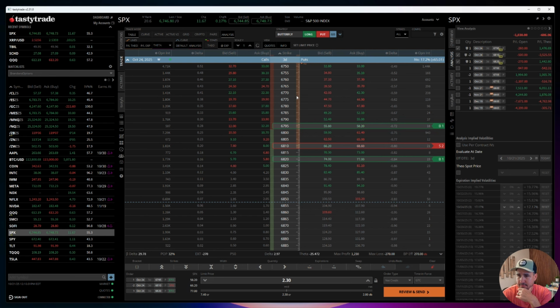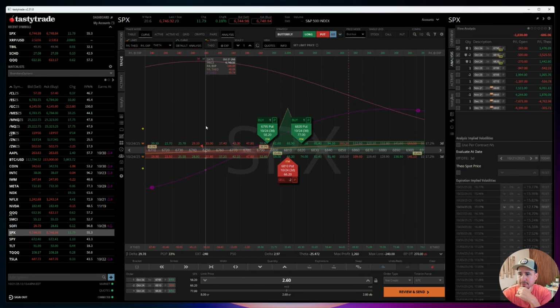So this little yellow mark here is the expected move based on, I think, the Shoals model. And this is all speculation, so don't quote me on this. My max loss here would be $240. My max profit of $1,240, and that's only if I had that little tip of that cone.